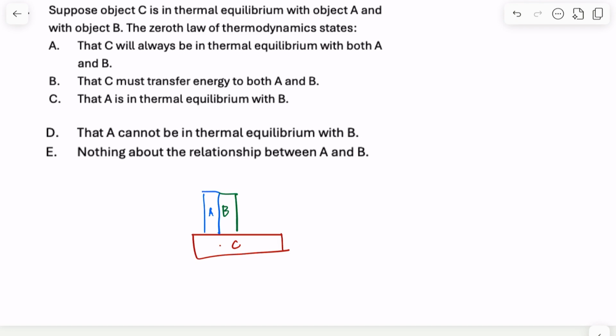When C is in thermal equilibrium with A, and of course C is interacting with B at the same rate, that means in the same way that A must also be in thermal equilibrium with B. So that is clearly the statement letter A, that C will always be in thermal equilibrium with both A and B.